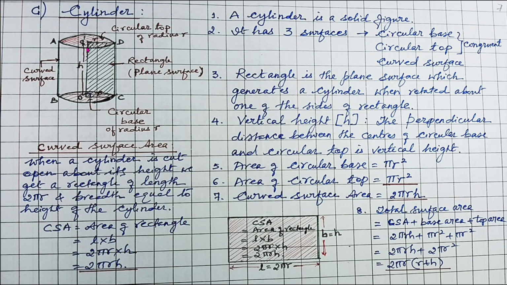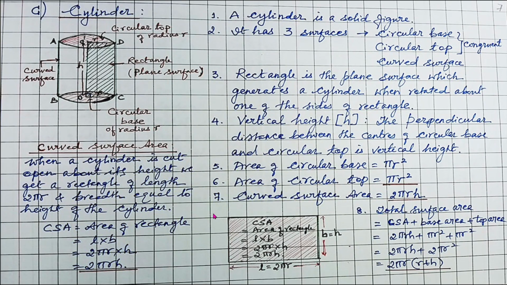The curved surface area can be found out very easily. Cut the cylinder about its height and open it, we get a rectangle. The length of the rectangle is the circumference of the circular base, and the height is h. The circumference of the circular base is 2 pi r, therefore the length is 2 pi r and the height is h, and therefore the curved surface area of a cylinder is 2 pi r h. That is what I have shown here in this figure.